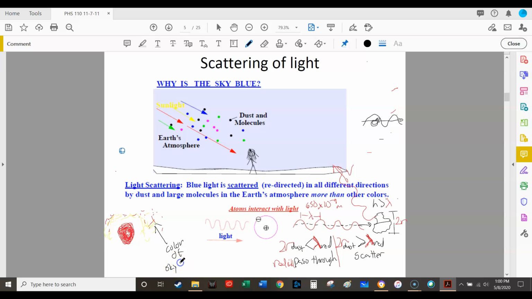The color of the sky is the scattered wavelength, right? But the color of the sun is what is getting through.